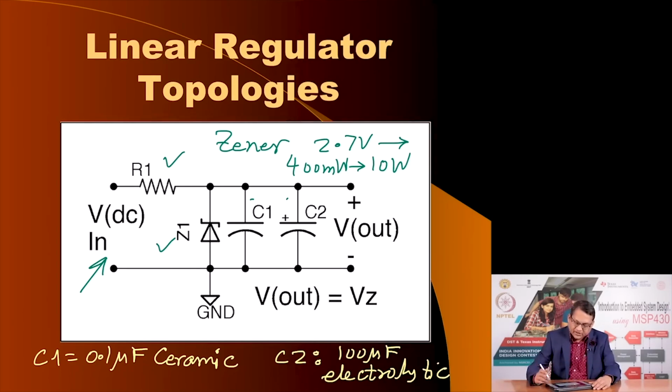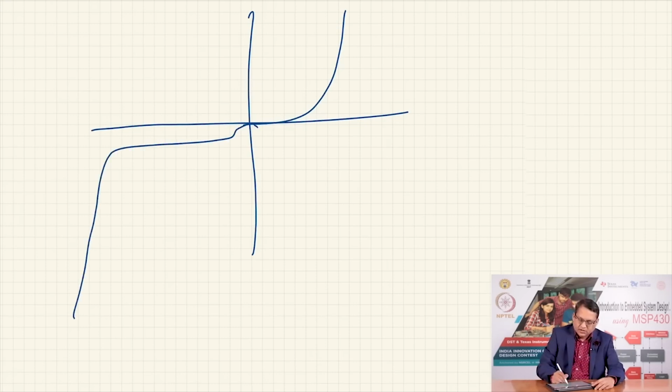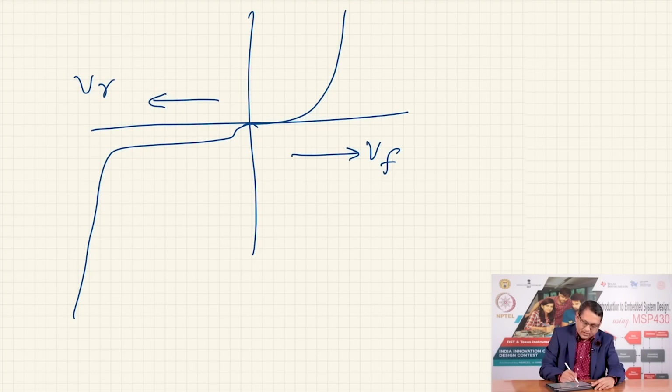Now, what is the problem with this power supply topology? It operates the Zener in the reverse region. So, this is the voltage Vf, this is the reverse voltage Vr, and this is the point where your Vz, the Zener principle, kicks in.